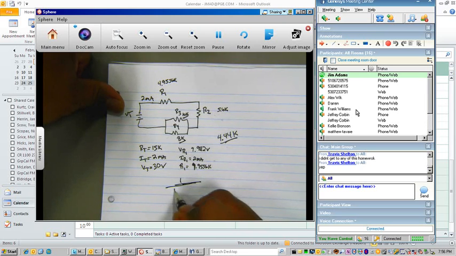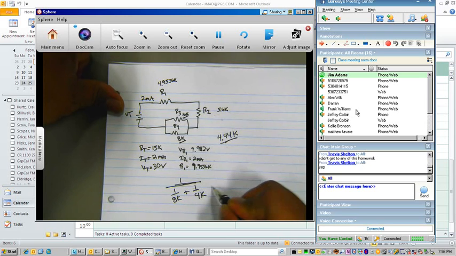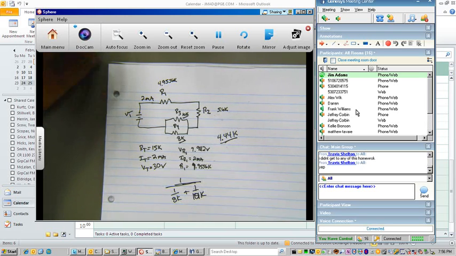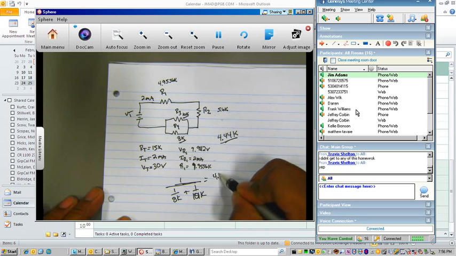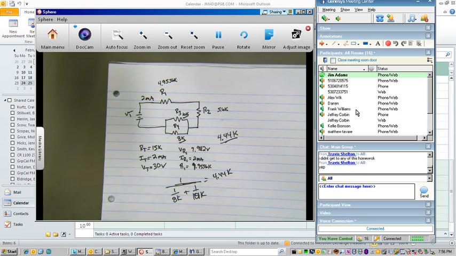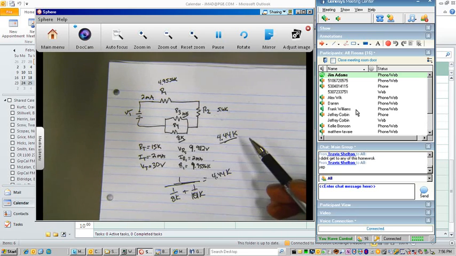Okay, R1, we don't know VR1. We know IR1 equals 2 milliamps, right? And R1 equals 4.9556K. So VR1 would be 4.9556K times 2 milliamps.